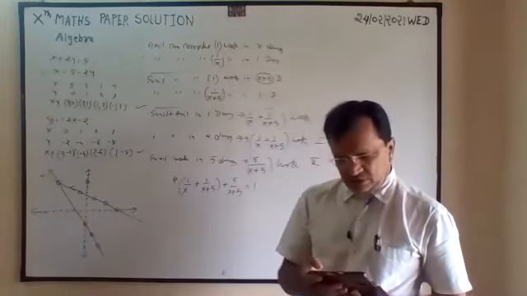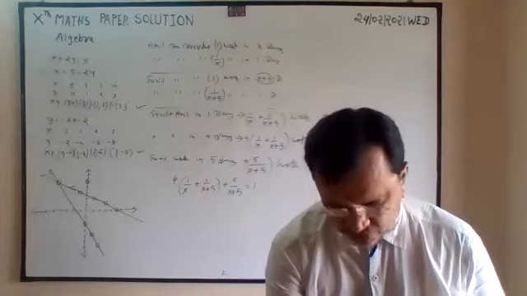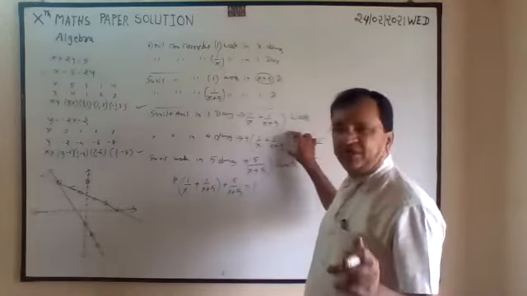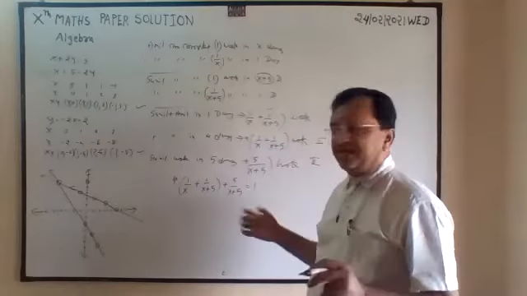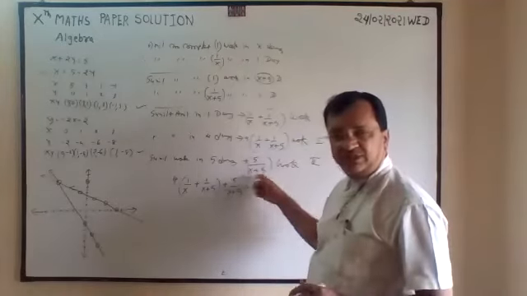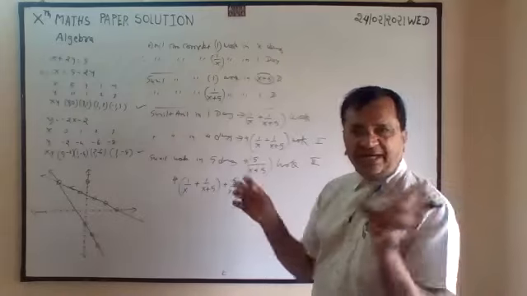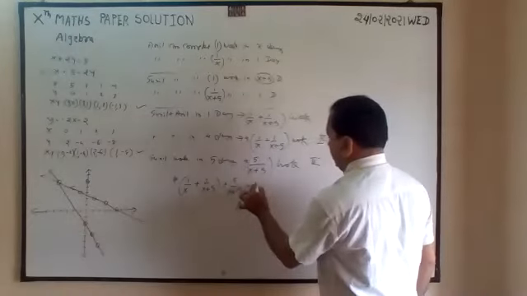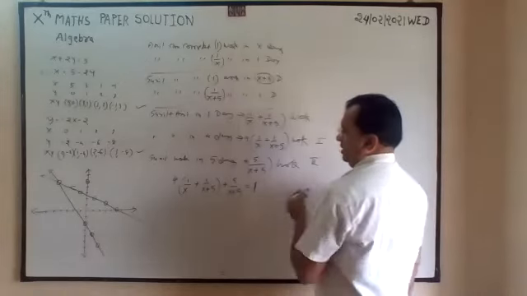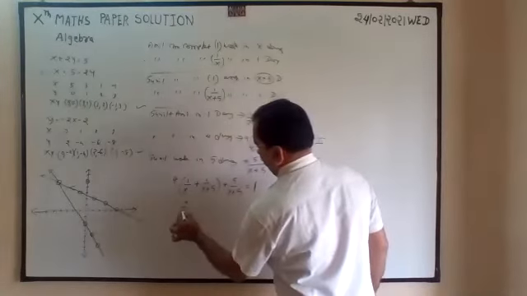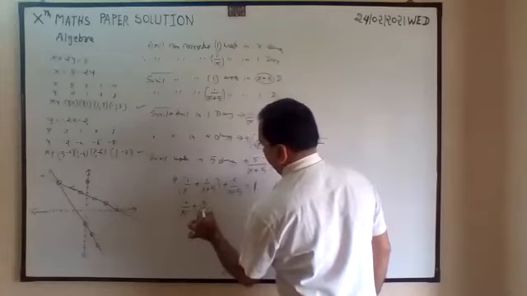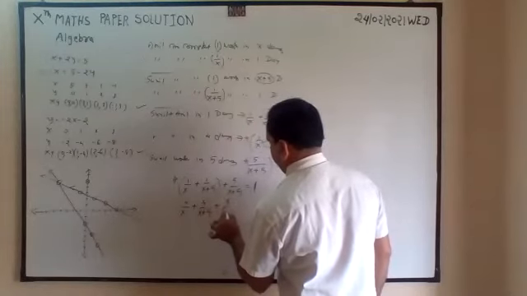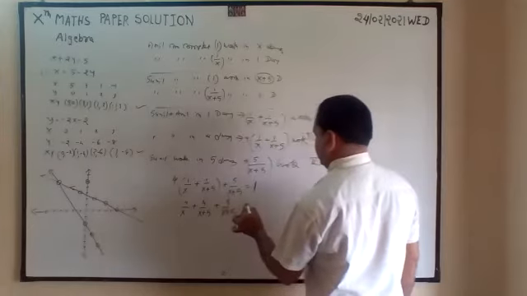Let me check this, Sunil only. So work completed together in 4 days, and the rest of the work completed in 5 days. So the total work done is 1. Now multiply: 4 by x plus 4 by x plus 5 plus 5 by x plus 5 is equal to 1.